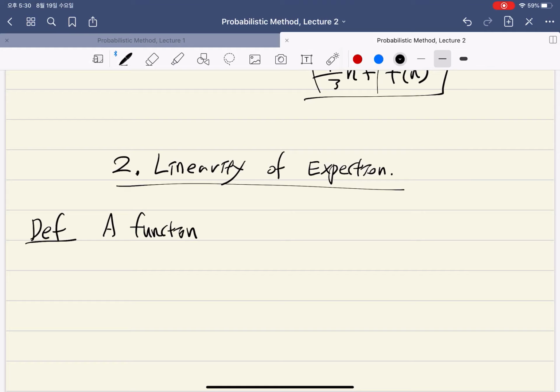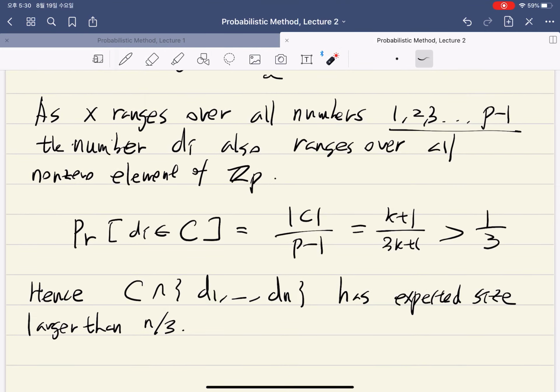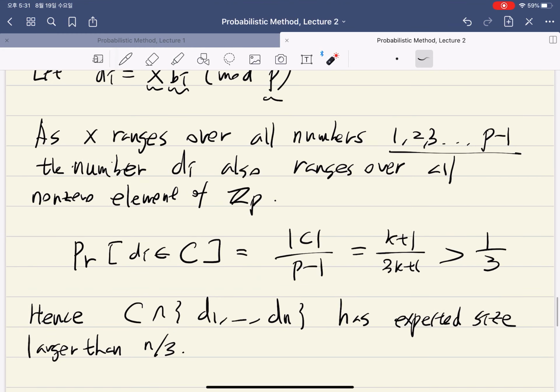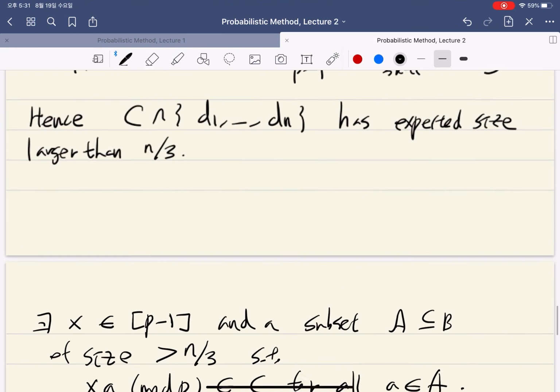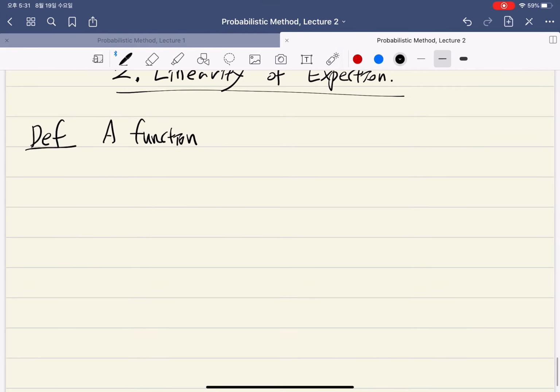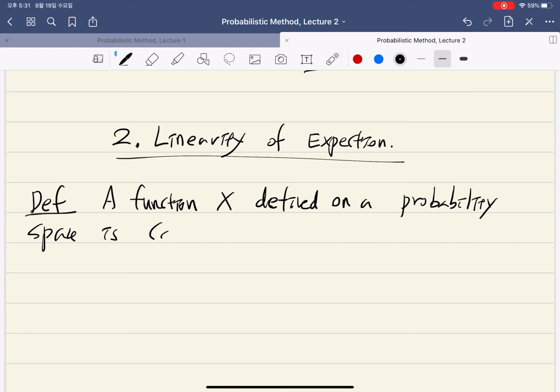So let's give some name to this object that we defined before, which is determined by some random choice. We say a function x defined on a probability space is called a random variable.